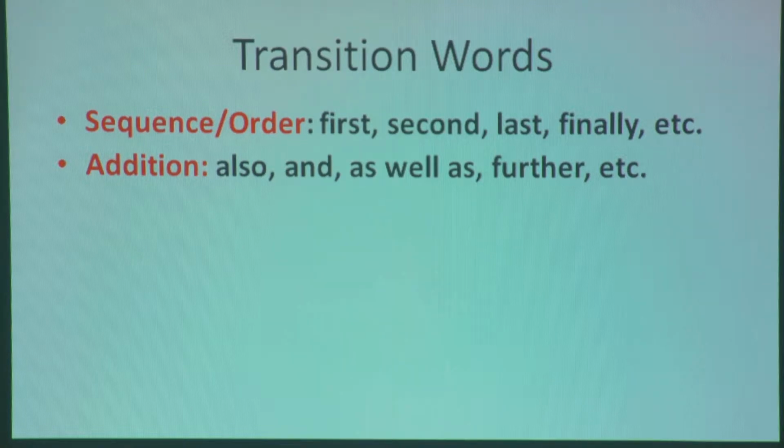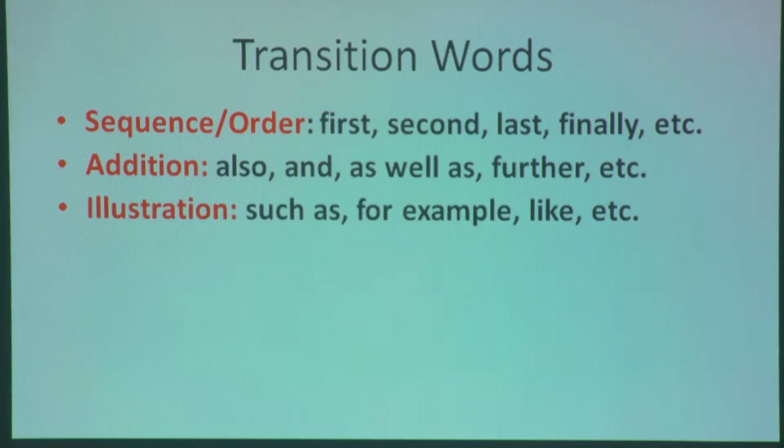Similarly, you see the next type of transition words. We also discussed the transition words used for addition or to add more information: also, and, as well as, further, etc. These words are used to give additional information.